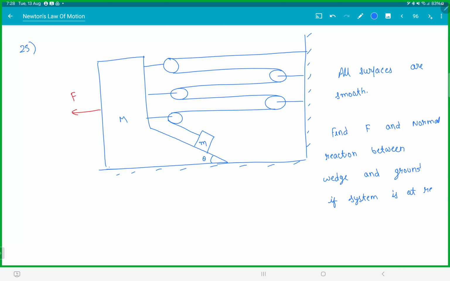You need to apply force or else this won't remain at rest, it will slide. And find the normal reaction between the ground and the wedge. Let's get this.